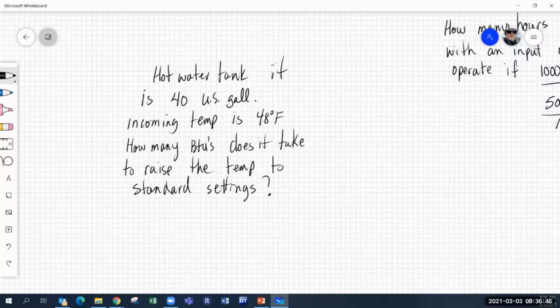So take a minute and try to figure out how many BTUs does it take to get this tank to standard.